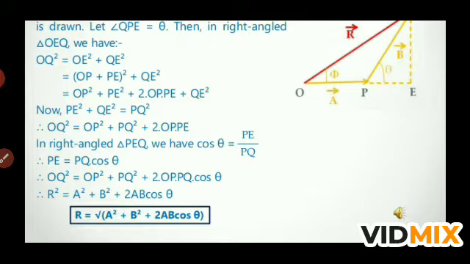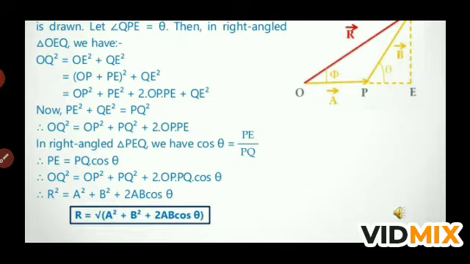OQ is R, so we write R square. OP square is A square, PQ square is B square, and in place of OP and PQ we write A and B. So R square is equal to A square plus B square plus 2AB cos theta.